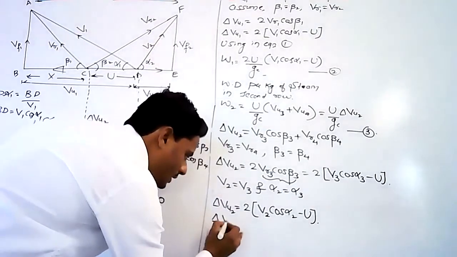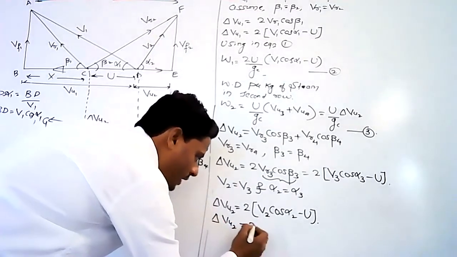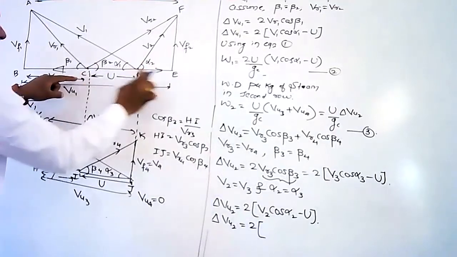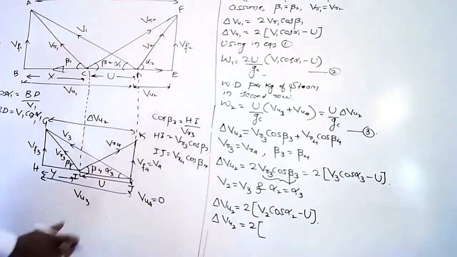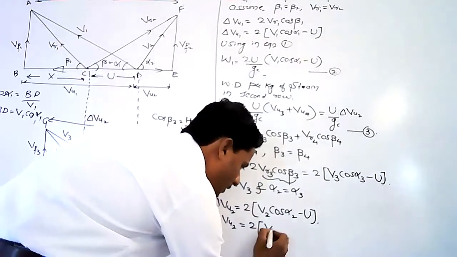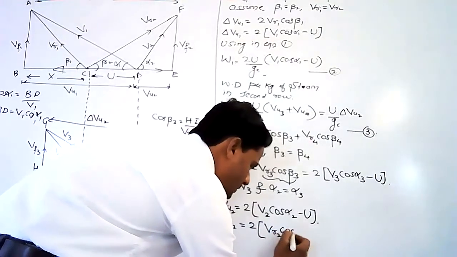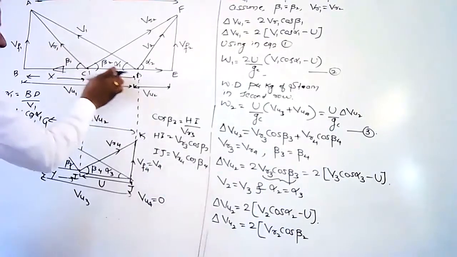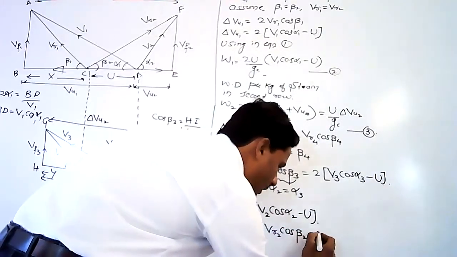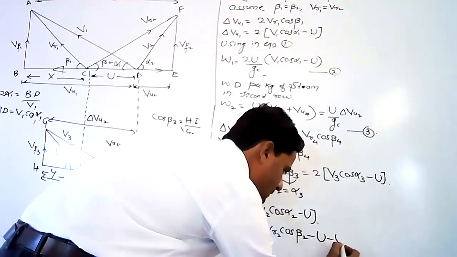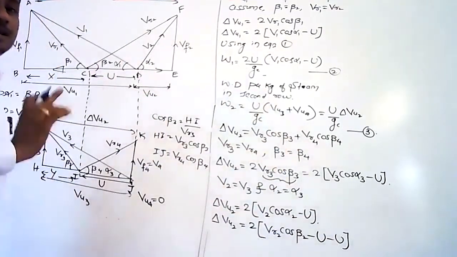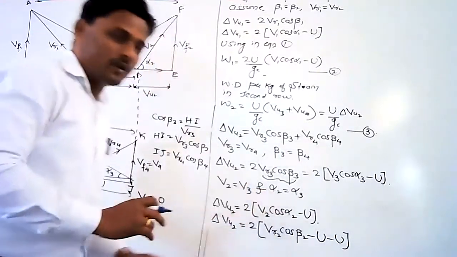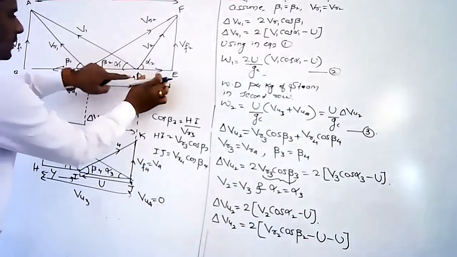So here delta VU2 equals 2 times V2 cos alpha 2, which is DE. Total base is CE, and CE is VR2 cos beta 2, minus U here, and minus U as it is. I repeat it once again. Listen carefully, guys. Delta VU2 equals 2 times V2 cos alpha 2, which is DE.